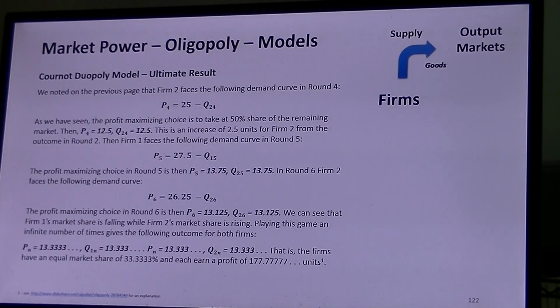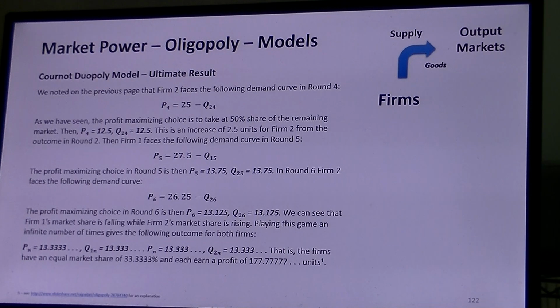Then the remaining market for firm 1 in round 5 is 27.5. They take half the market, 13.75, and you can see that essentially what's happening is that firm 1's market share is falling, while firm 2's market share is rising.